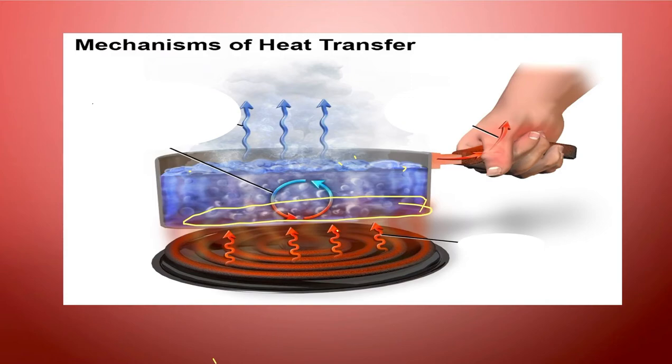For sure the particles at the lower part, because they are exposed directly to the heat from the stove or the source of heat. So what would happen for these particles when they are exposed to high temperature? The particles will gain more thermal energy, so these particles will be able to move more freely.